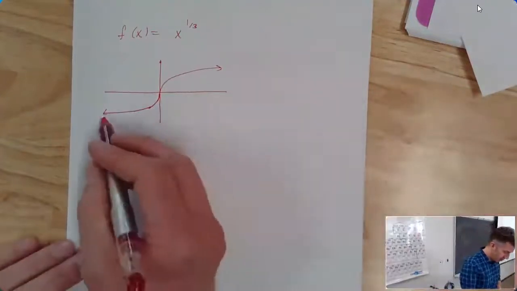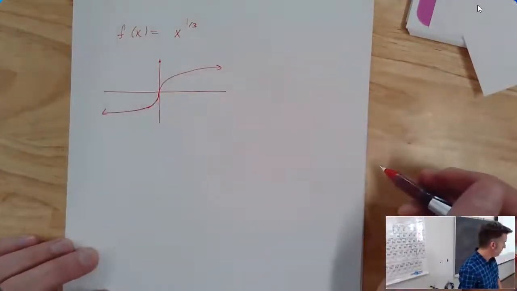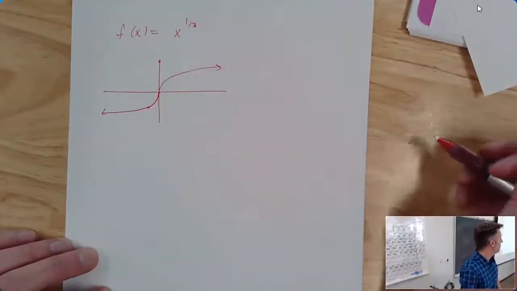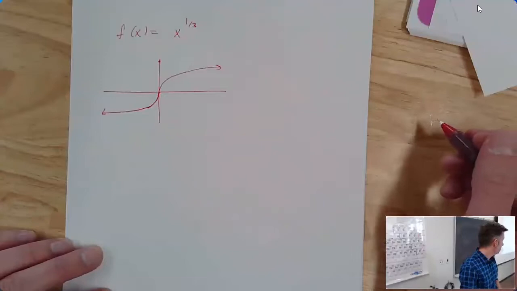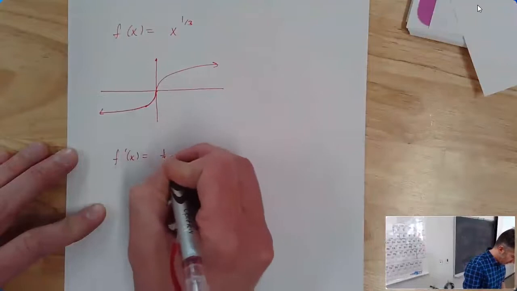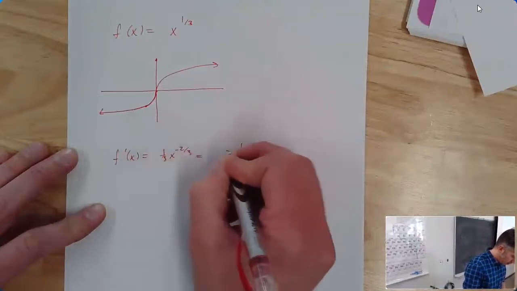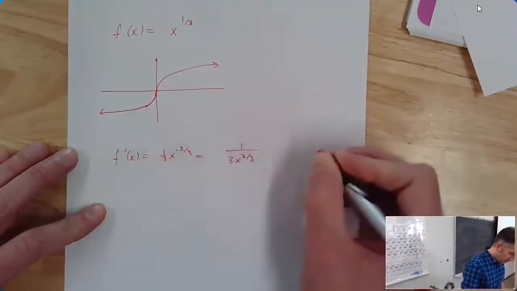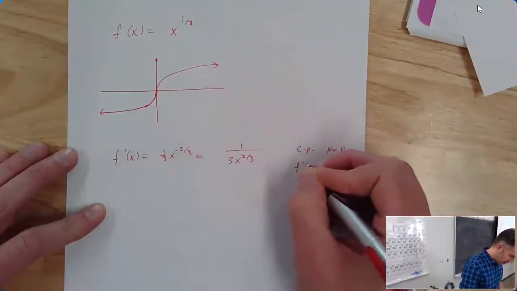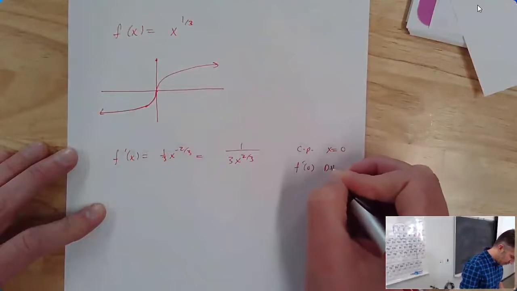It changes concavity from concave up to concave down. And it certainly has an inflection point at 0, 0, but it does not have a derivative there. So I'll point out f prime of x is equal to 1/3 x to the negative 2/3, which is 1/3 x to the 2/3 in the denominator, and has a critical point at x equal to 0 because f prime of 0 does not exist.